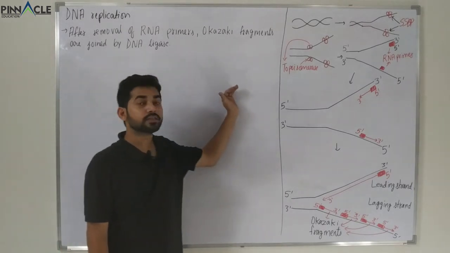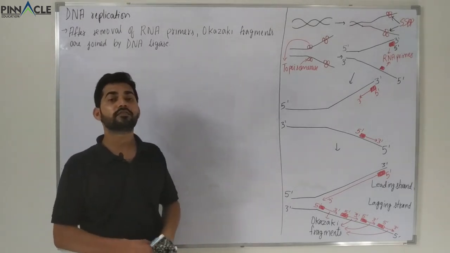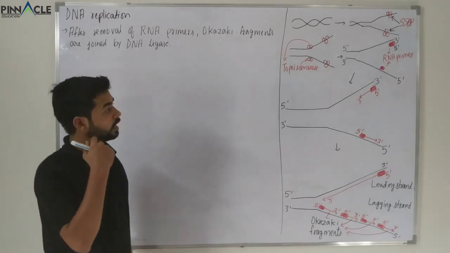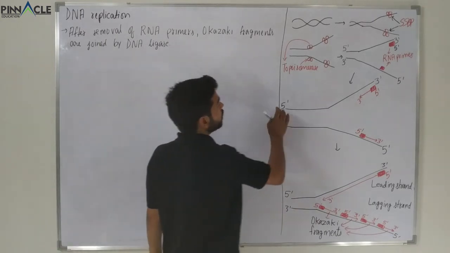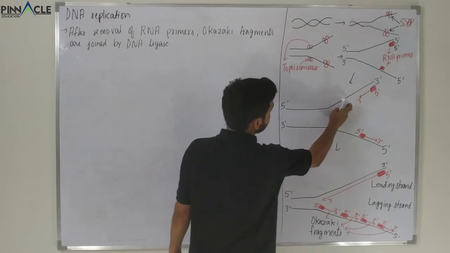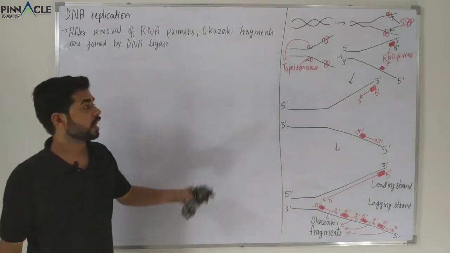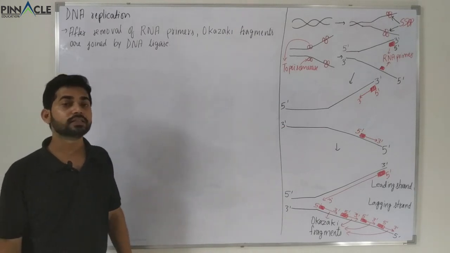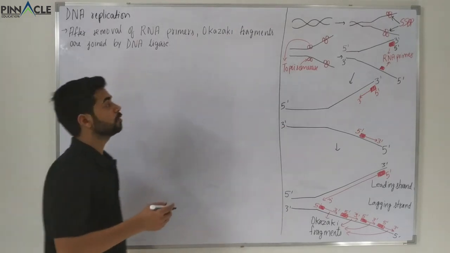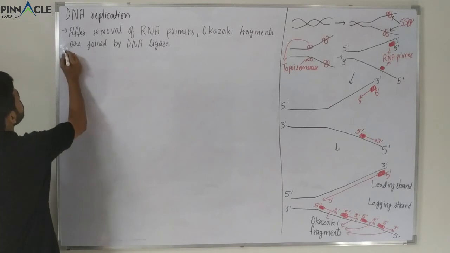Since this DNA replication occurs at a very fast pace, there is a chance that at the 3 prime end, the new strands that are being added will have a mismatch. Any such mismatch is corrected with the help of correctional nucleases.